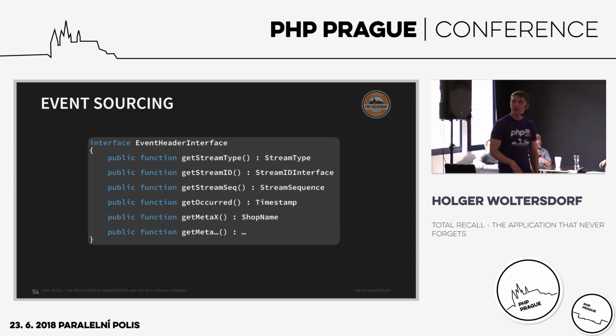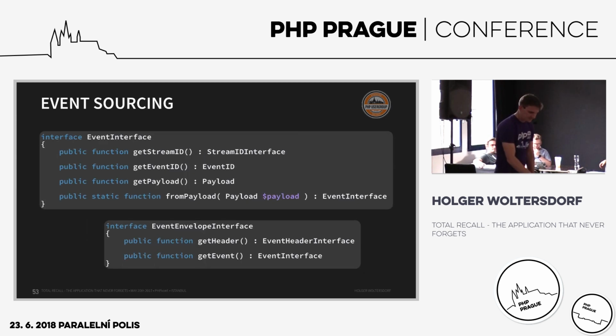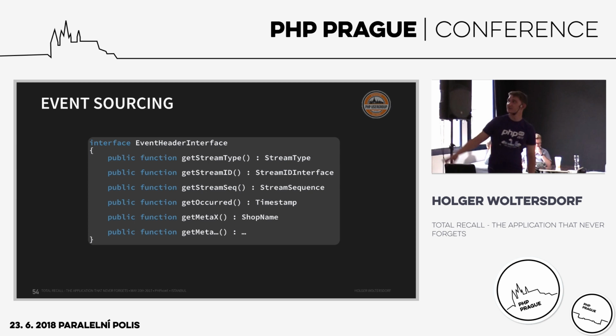Usually, an event is enveloped into an event envelope, where you have a header and an event. The header is there for storing meta information or the technical information that you need to operate on the event store. That's something like the stream type, the stream ID, the stream sequence, when the event occurred, and so on, and all your metadata.